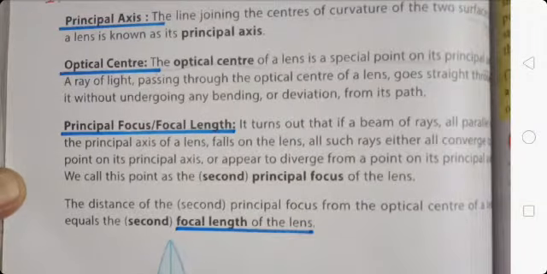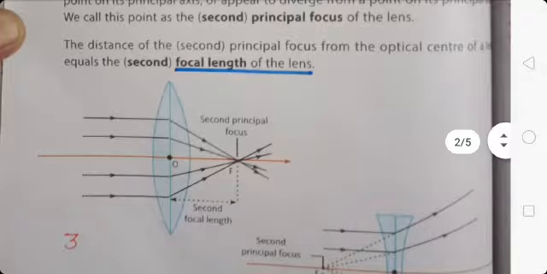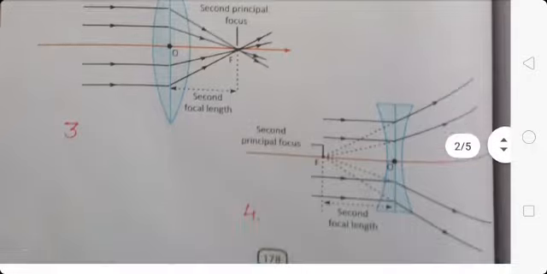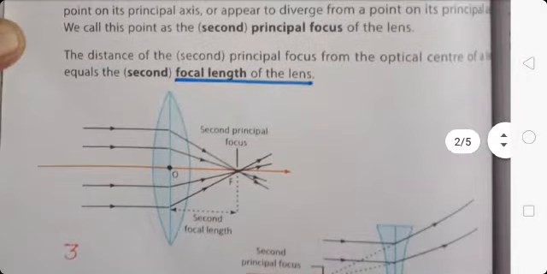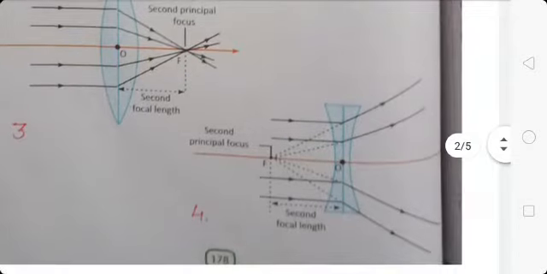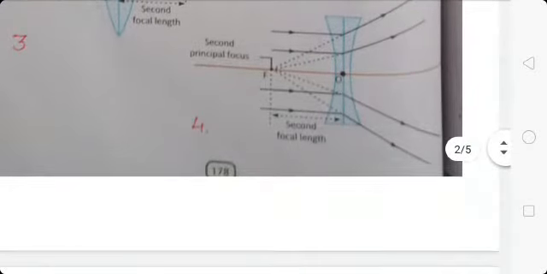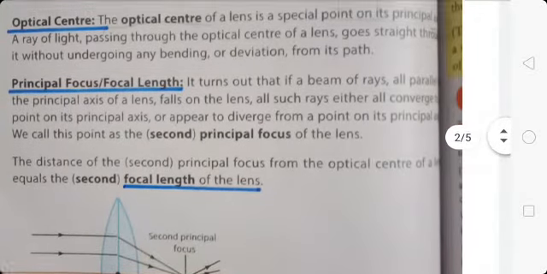In case of a convex lens they are meeting at a point, and in case of a concave lens they are getting diverged. F is also written here. So in one lens, the convex lens, the rays converge and meet at a single point, and here they are diverging. So this is known as the principal focus.